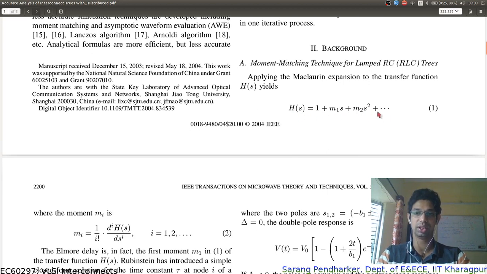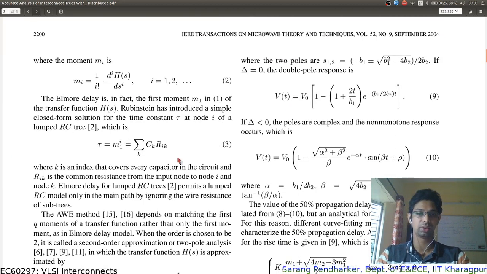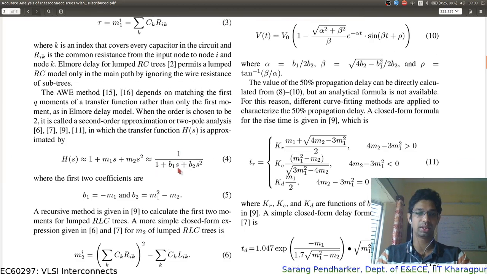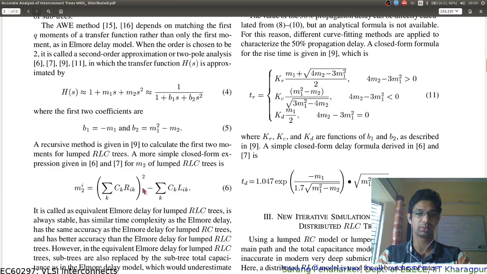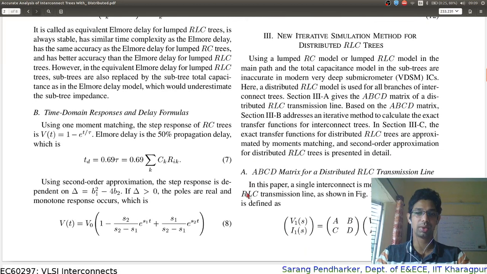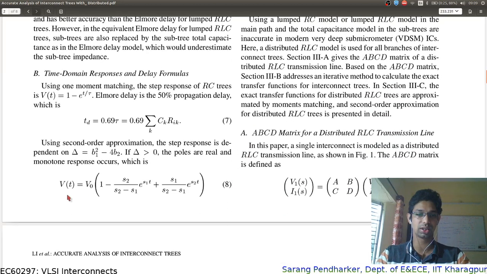This is what we expand H of S into, so that can be compared with this. This is approximately equal to 1 divided by 1 plus b1 s plus b2 s squared, and then b1 and b2 can be computed from m1 and m2. Basically this is the time domain expression which we had derived earlier as well.